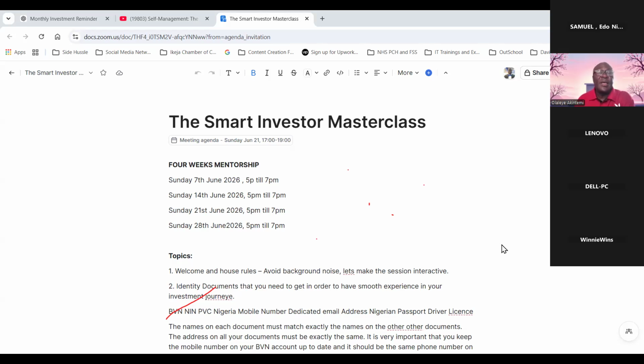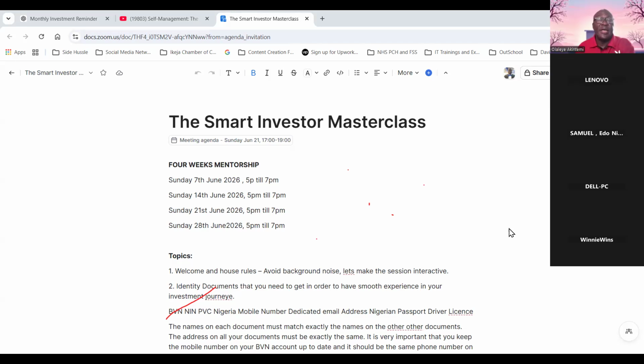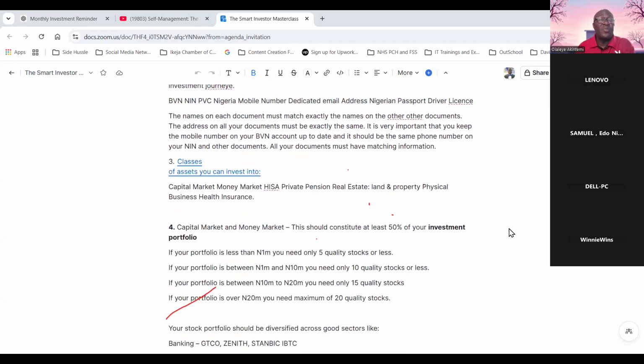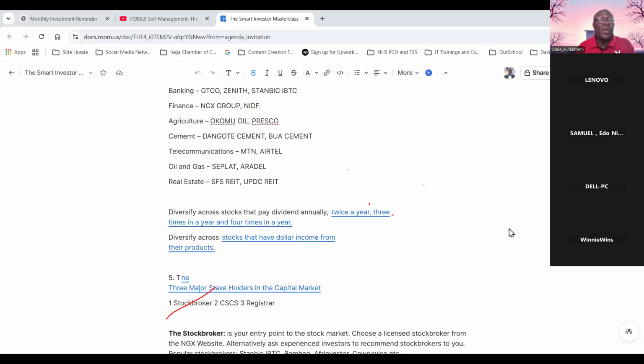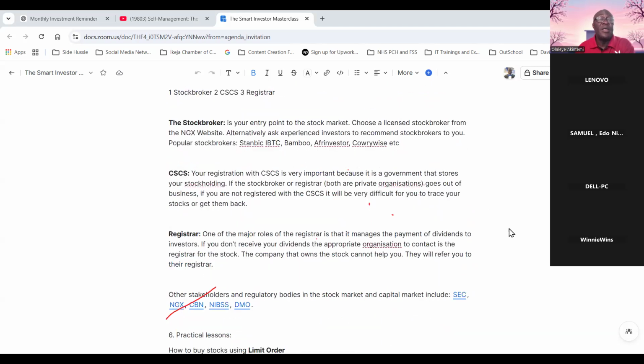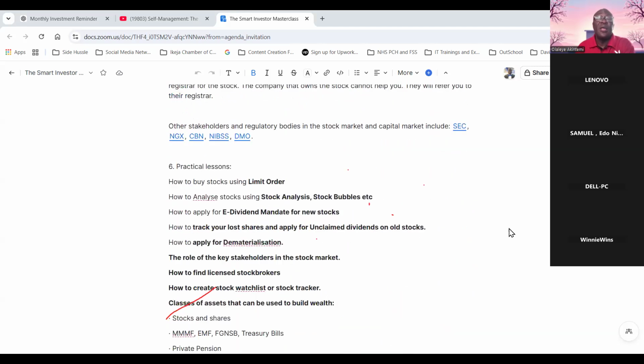We have covered quite a bit on the agenda. Last week, we covered up to number 5. So ideally, this week, we should be starting on number 6, which are the practical lessons. The first item on the practical lesson is how to buy stocks using limit order.